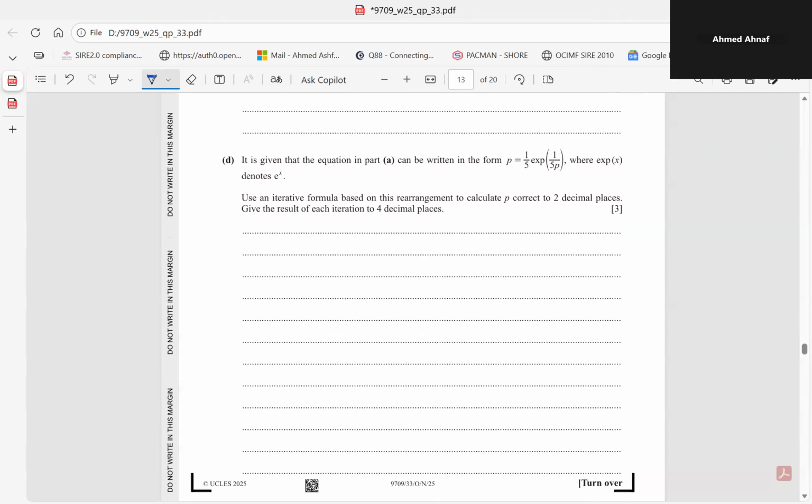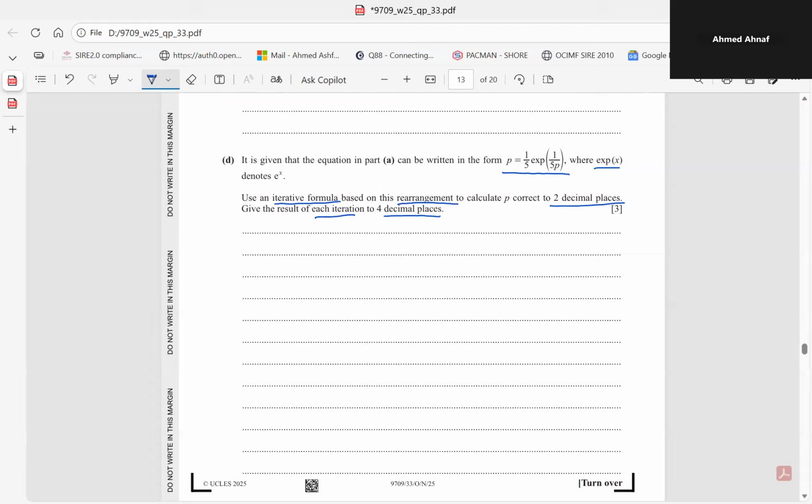Okay, so here we are told that the equation from part A can be written in this form. They just make P the subject, where this notation just denotes e to the power of x. We need to use an iterative formula based on this rearrangement to calculate P corrected to 2 decimal places, and each iteration should be given to 4 decimal places.